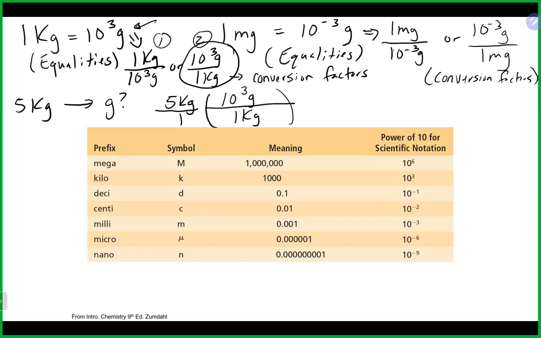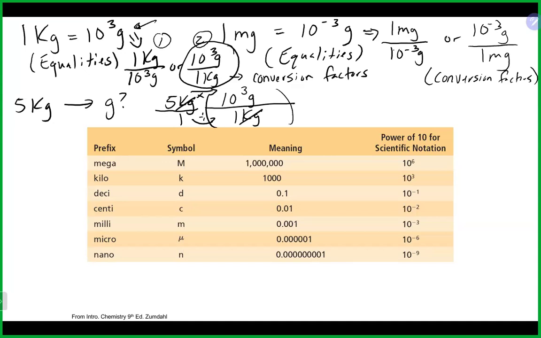At this point, because I set it up like dimensional analysis, I don't have to worry about what math I should do. I know up on top gets multiplied, down on the bottom gets divided. And once again here, kilograms divided by kilograms will cancel out the kilogram units.